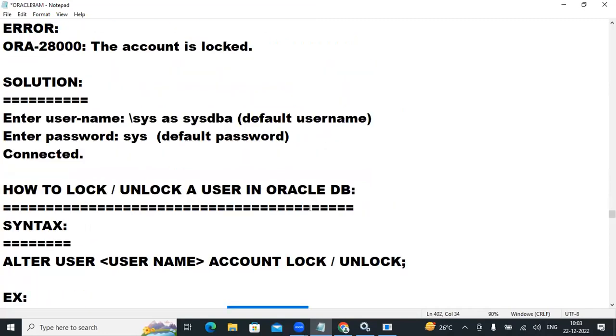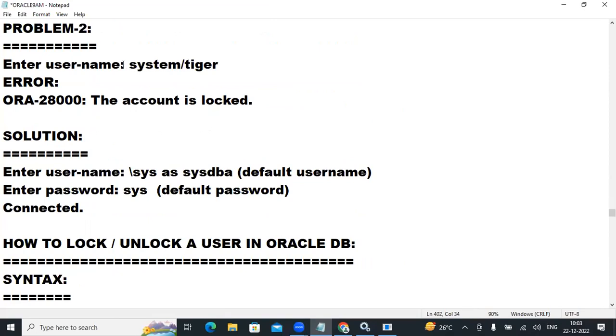But some people's doubt is, sir, for example, the system account is locked, and if I try with sysdba and its password, again I'm unable to connect. Understand now? If through sysdba also you are not connecting to Oracle, then what do I want to do, sir?